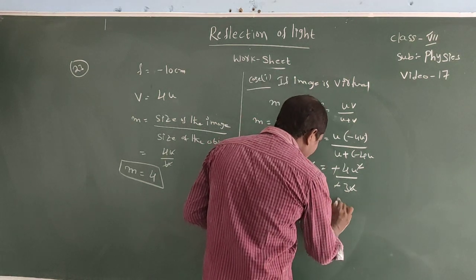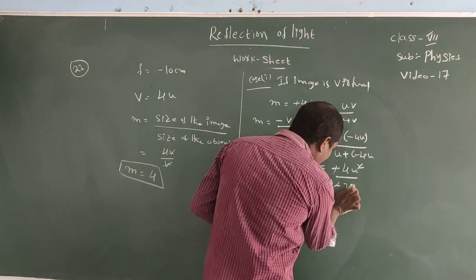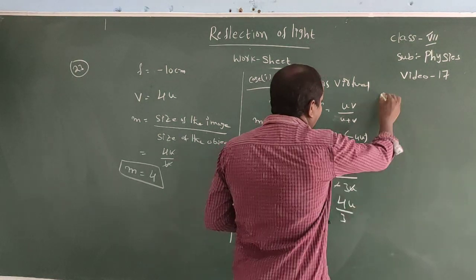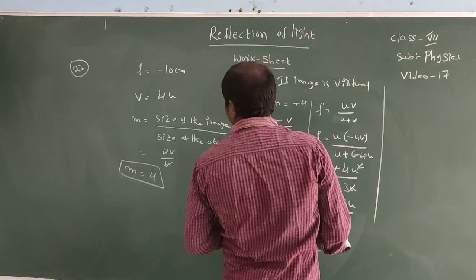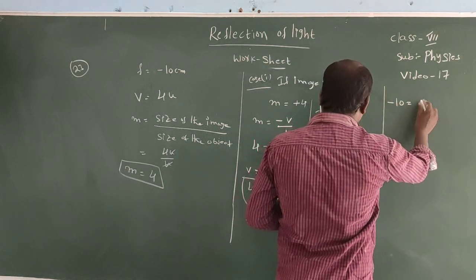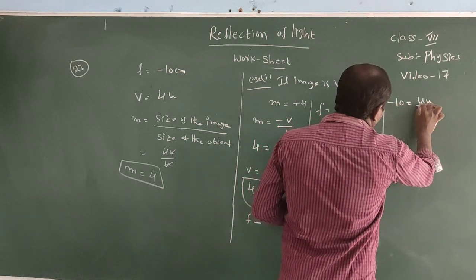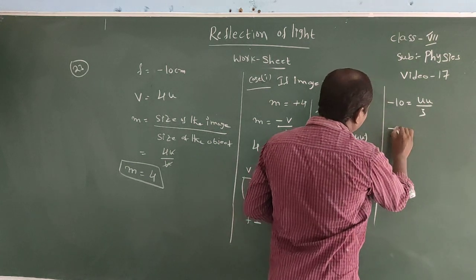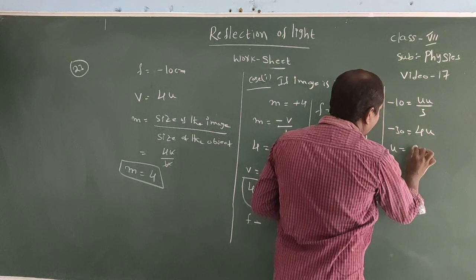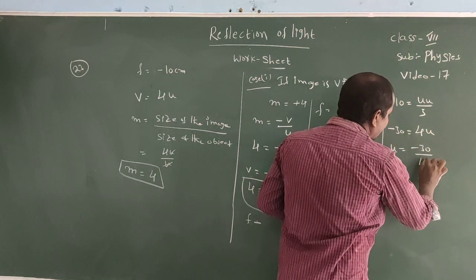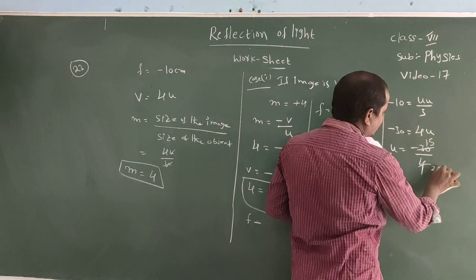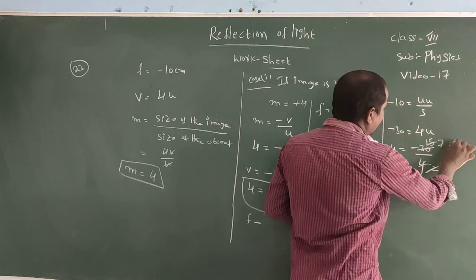So f equal to here 4u by 3. What is f value? F equal to how much? Minus 10. So minus 10 equal to 4u by 3. Doing cross product, minus 30 equal to 4u. U equal to minus 30 by 4, 7.5.